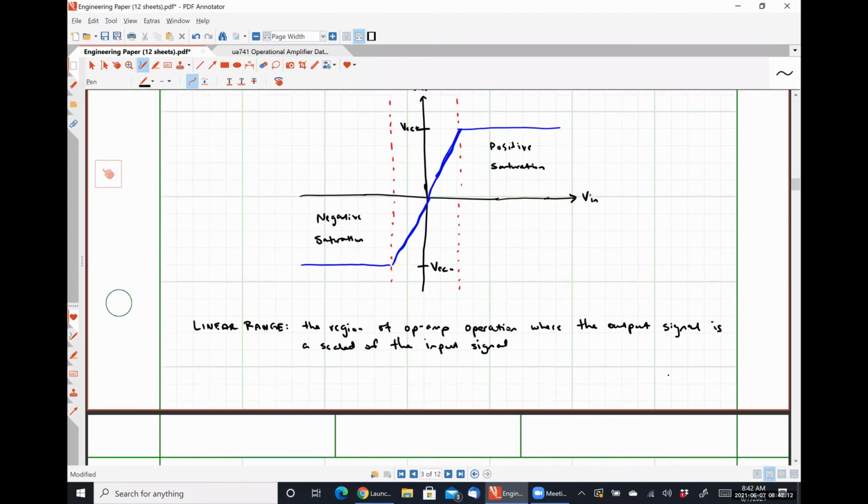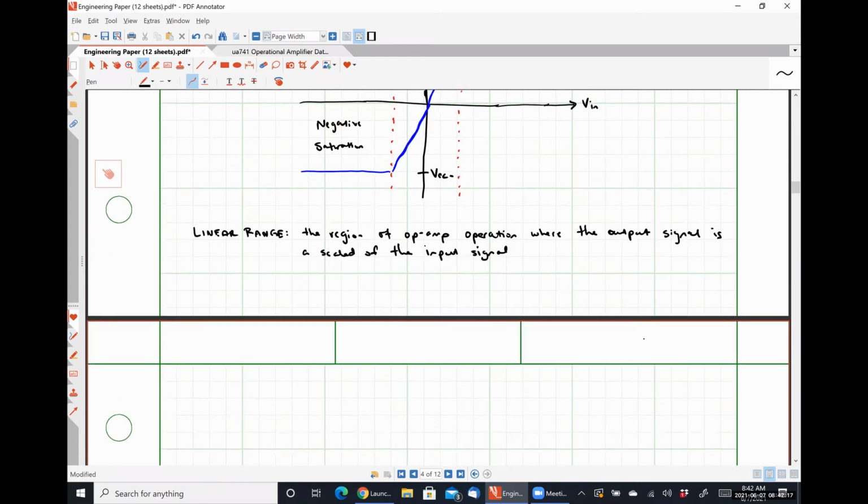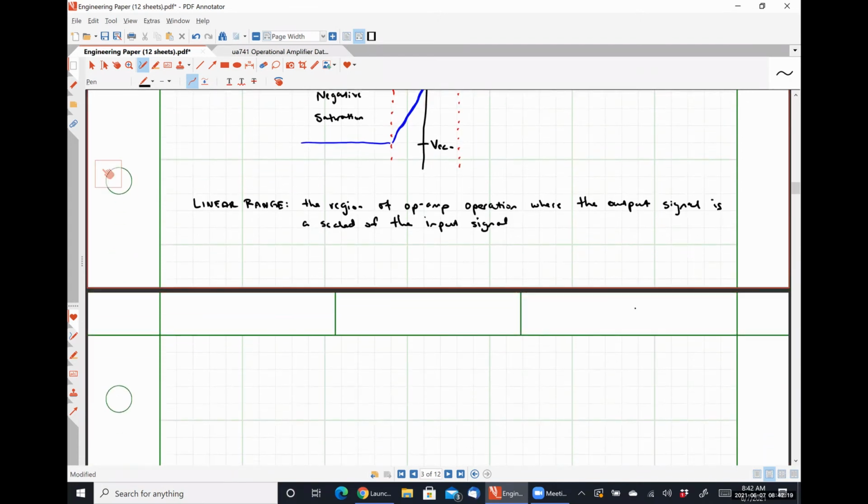So our linear range mathematically, I guess I'll do it on another page, is defined as VCC minus divided by the open loop gain AVOL.